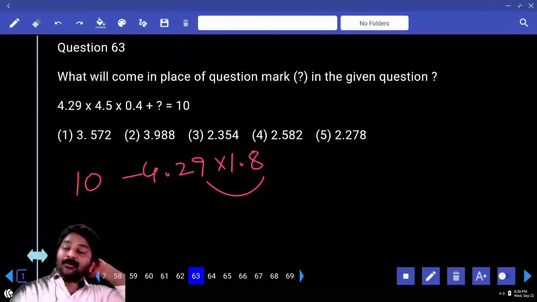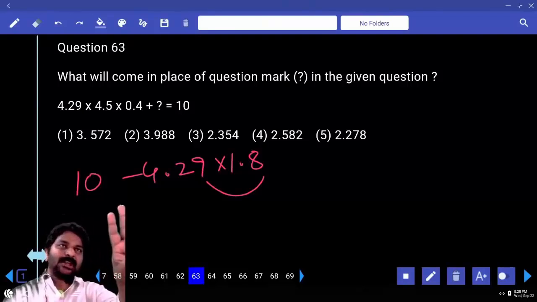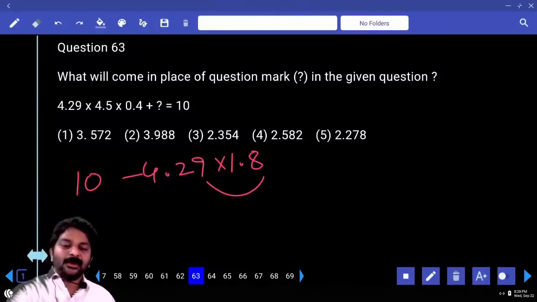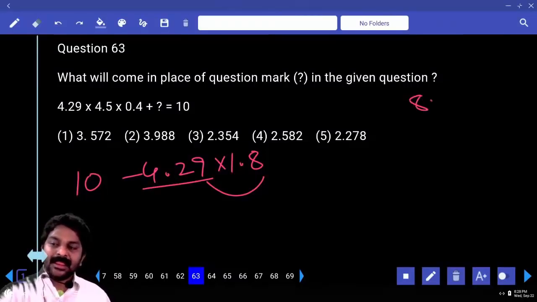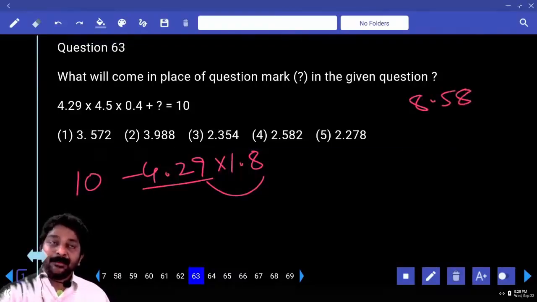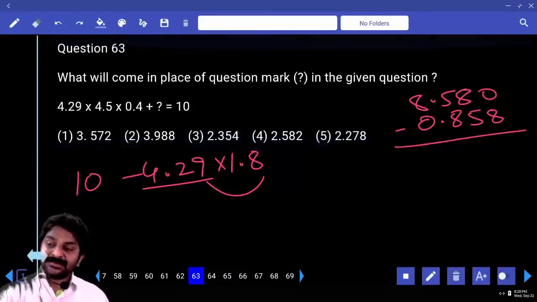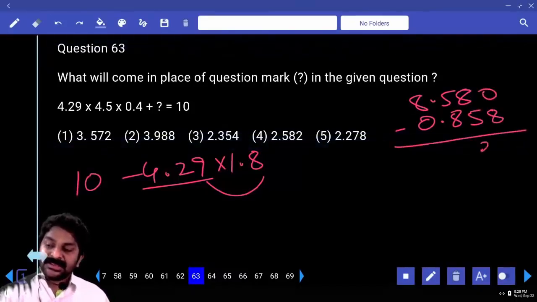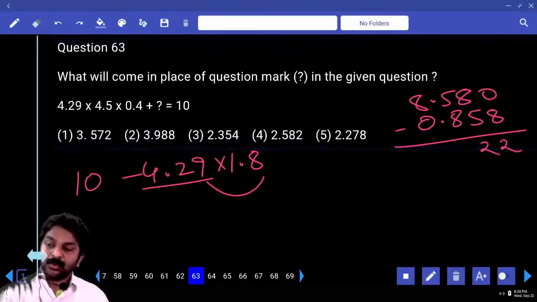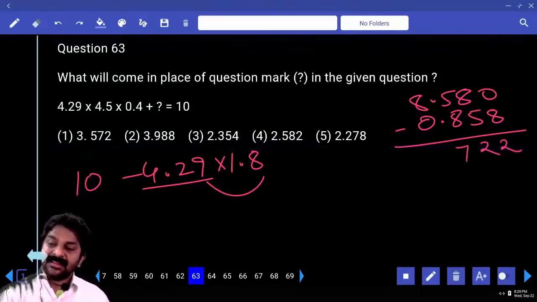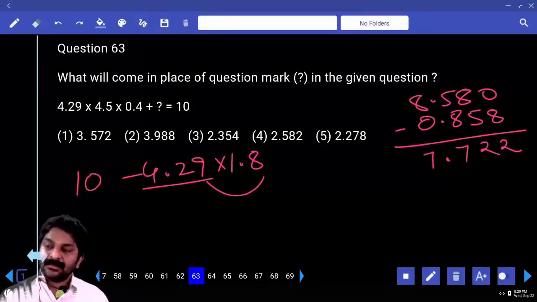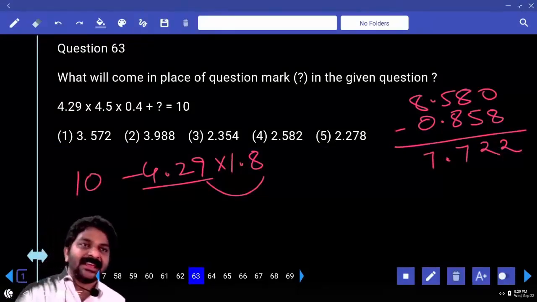Come on. 1.8 times, in the sense 2 times minus 0.2 times. 2 times of this number, 8.58. 0.2 times, 0.858. This must be subtracted. So this is 7.722. Is it clear?